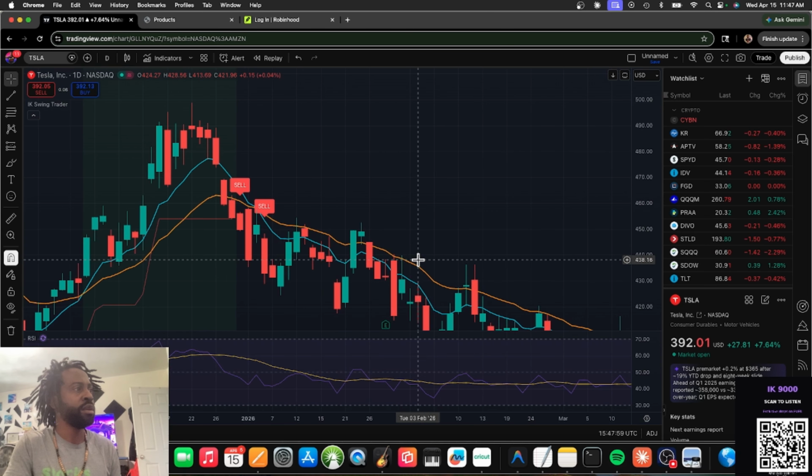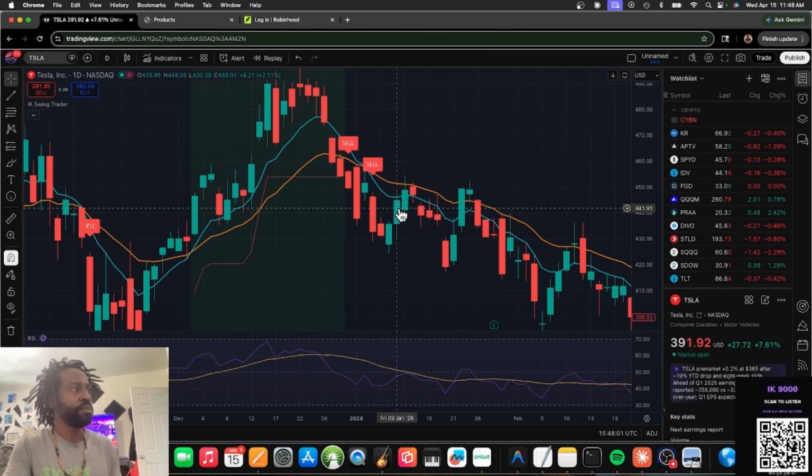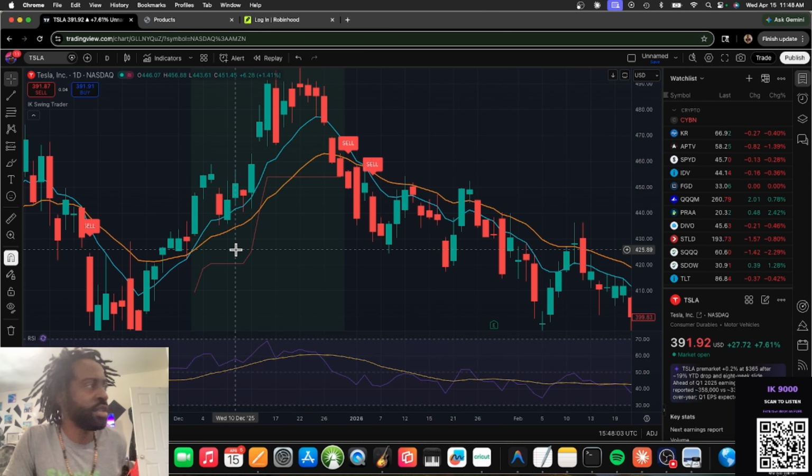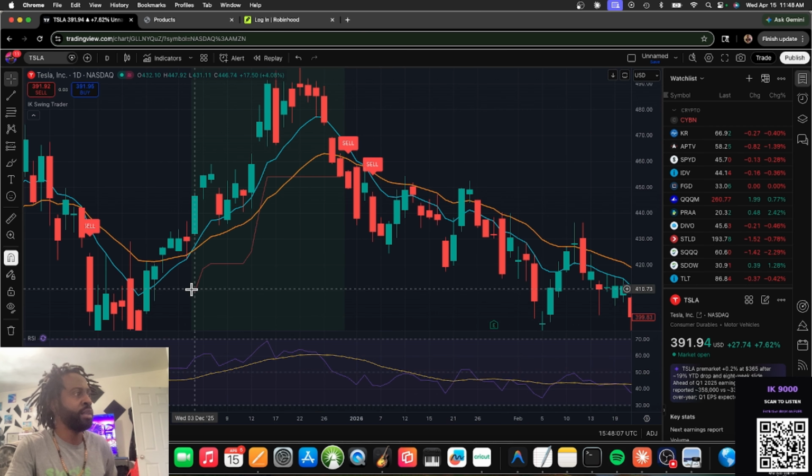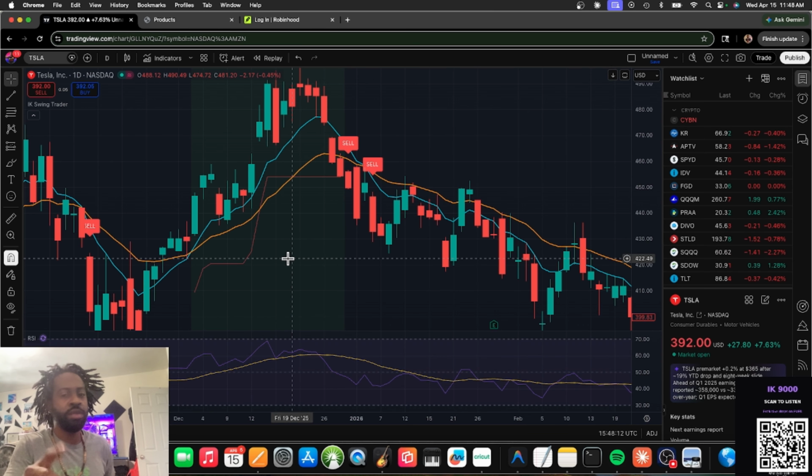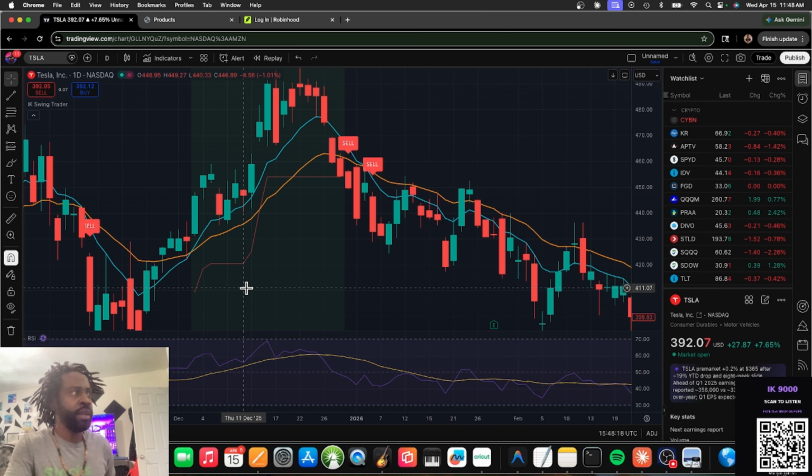So right here, this green section that's in the background, and this little red line right here are two new things that this indicator does to help me make the decision, and it also gives sell signals.